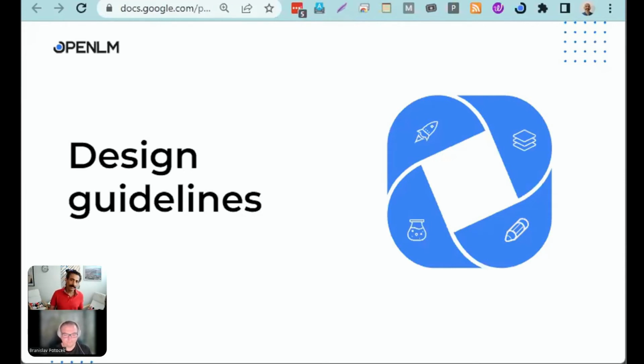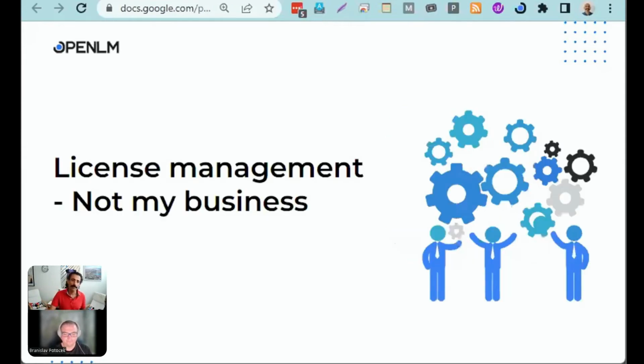The fact that FlexLM provides the information, eventually most of the information we need is something that developed over time. Another approach of the vendor is like saying, okay, that's not my business. I protected my software.